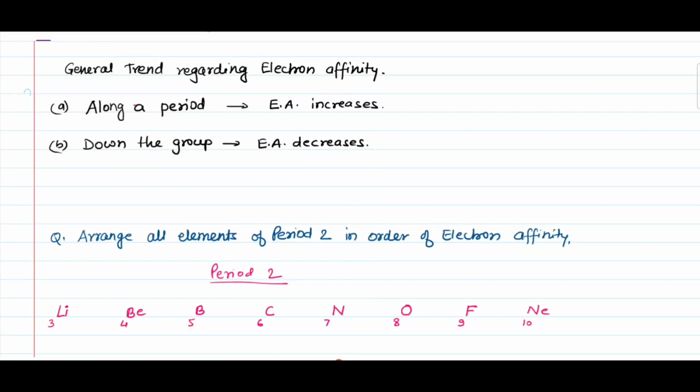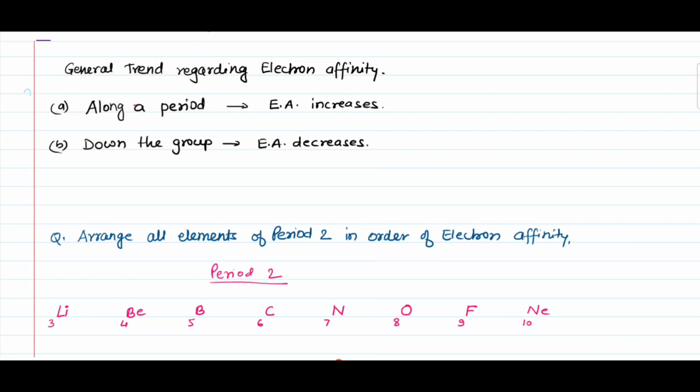Now let's see some general trends regarding electron affinity. The first is along a period. When we move from left to right along a period, nuclear charge increases, and as a result electron affinity also increases.